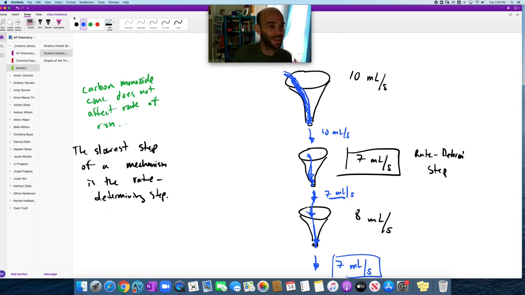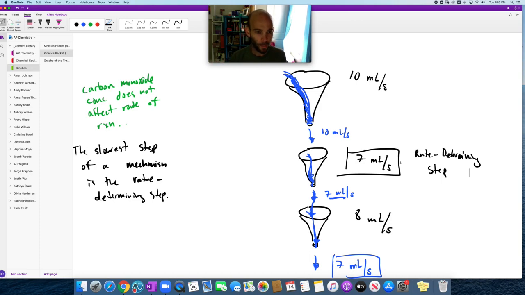Rate determining step. And it's the same with chemical reactions. If we have a series of steps and let's say one step is much slower than the other steps, that slow step, whether it's the first one or the last one or somewhere in the middle, the slowest step will be the rate determining step for the entire mechanism.